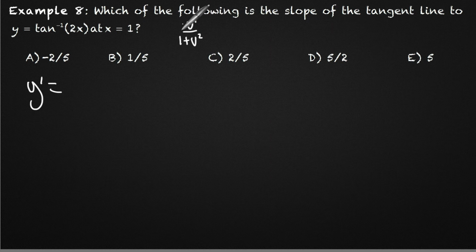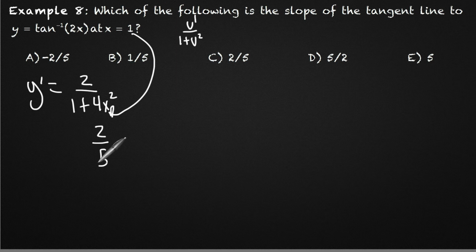It's going to take a moment to get these committed to memory, but our u is 2x, so u prime is the derivative of 2x, which is 2, over 1 plus u squared. Well, that's going to be 4x squared. And now all we do is plug our 1 into our derivative, and we get 2 over 5. So the answer is C.